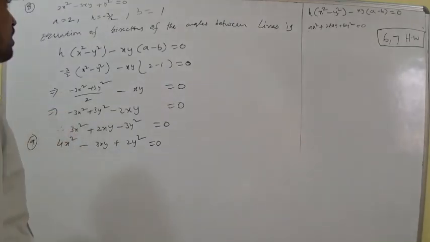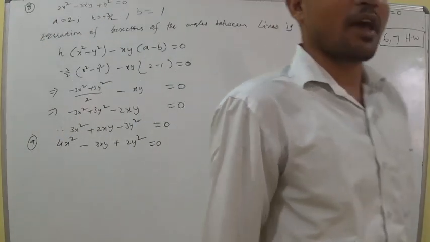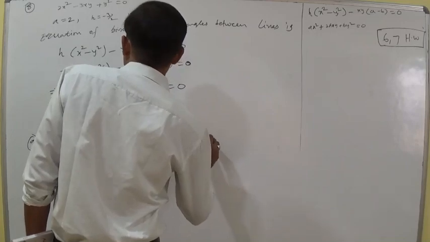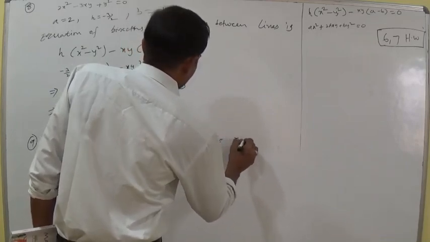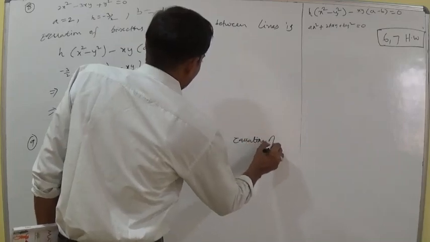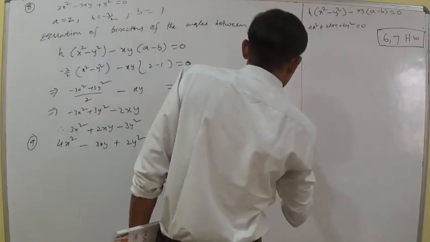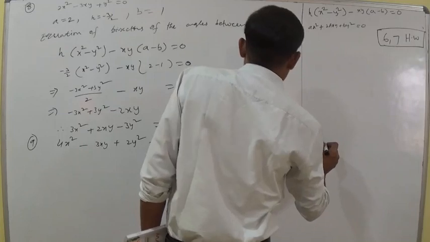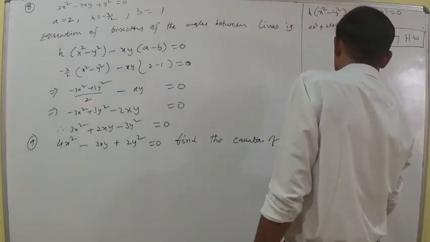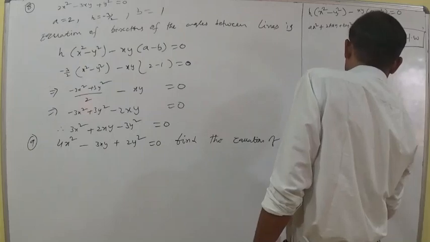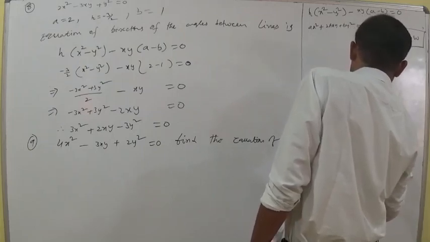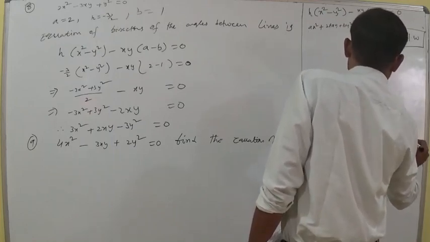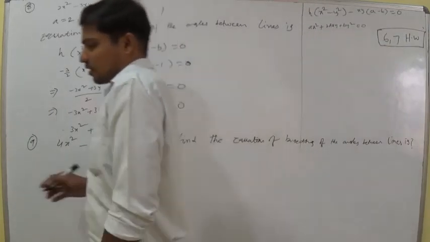Then find the equation of bisectors of the angles between the lines. Let's do it as homework.